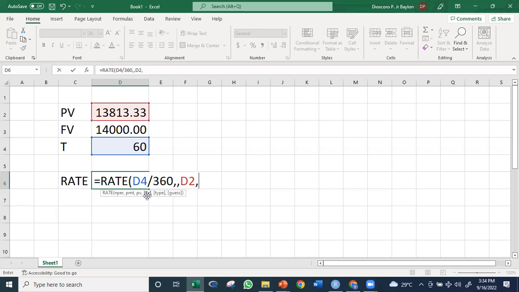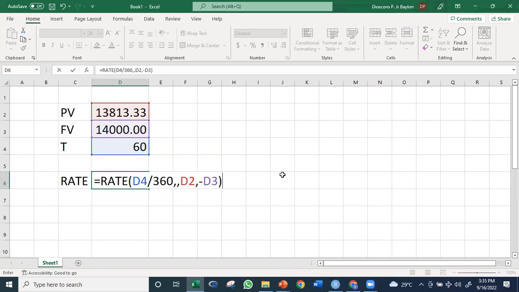And then future value is negative because we're going to pay that. Okay, just showing you this functionality in Excel. And then we didn't mind the type and the guess, kasi in type and the guess, that's for annuities. And this is not an annuity. An annuity is a uniform stream of cash flows, which we're going to study next.